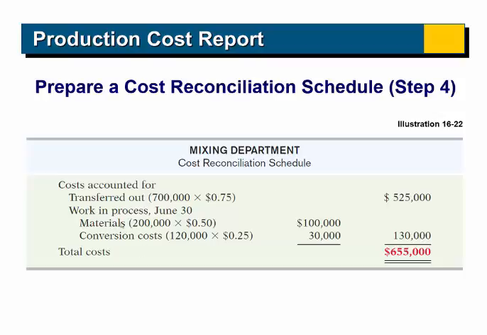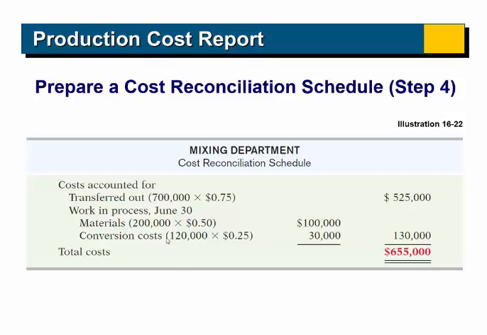Regarding the work in process units that are still here, recall that we had 200,000 of them. They're 100% as to their materials, so their equivalent units was 200,000 times 50 cents equals $100,000 in materials.